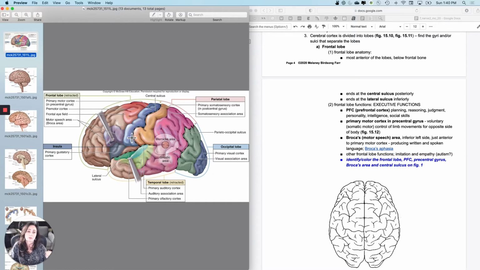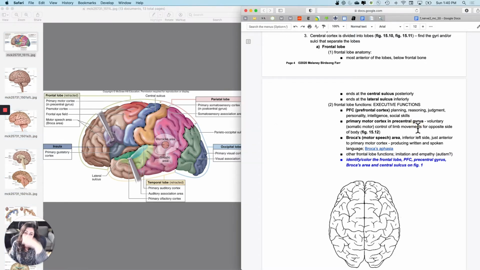This is called the precentral gyrus. That's the location, okay? Precentral, because the central sulcus was right there. This is the precentral gyrus. And it is called functionally the primary motor cortex. So stick with me. So what I would say is it's the primary motor cortex and it's in the precentral gyrus. Okay.